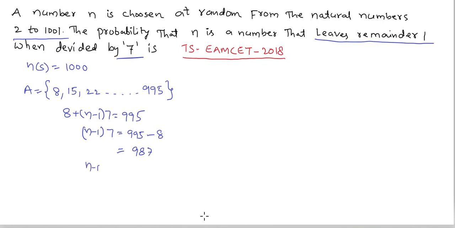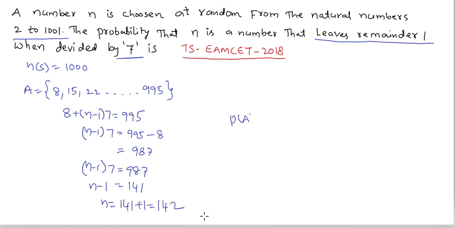So n minus 1 into 7 is equal to 987. So n minus 1 is equal to 141. So n is equal to 140 plus 1, 142.